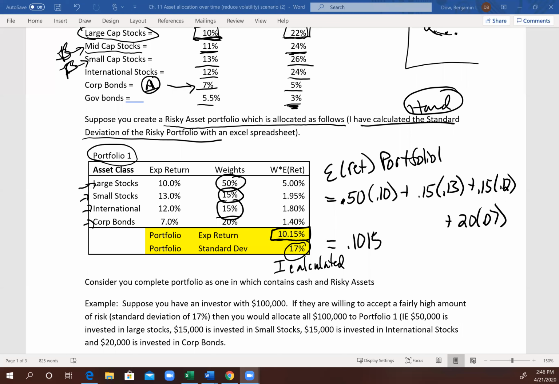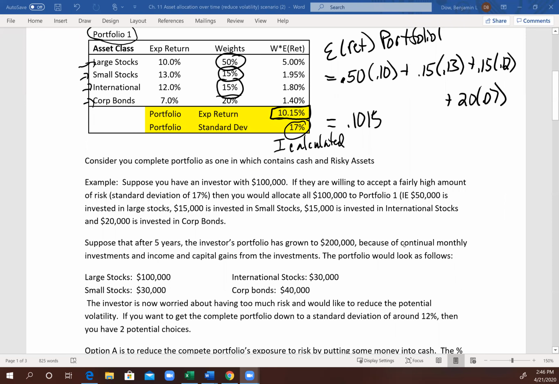So if you kind of look down, suppose some young person comes in with $100,000. They're willing to accept a fairly high amount of risk. So you would take the 100,000 and put them in an 80-20 mix.